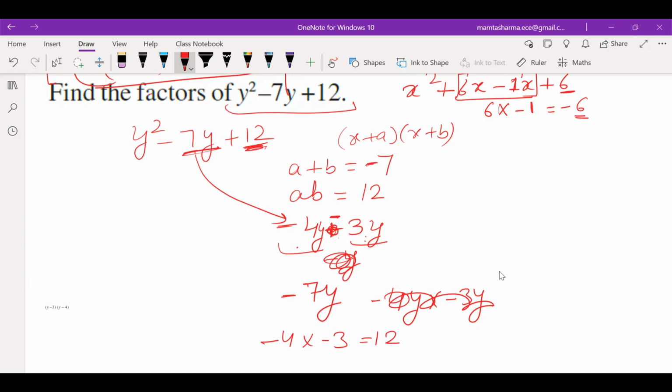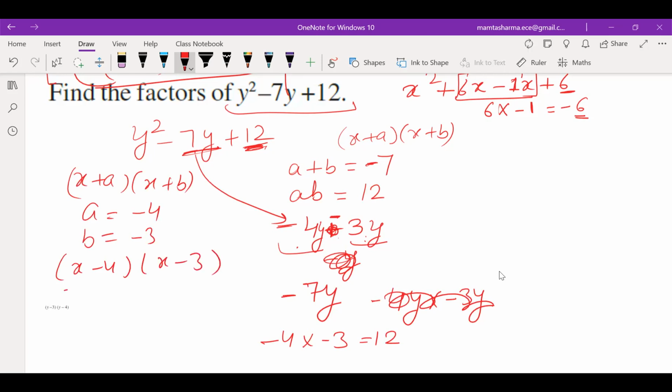So you can write this expression as x plus a, x plus b, where a is -4 and b is -3. So you can write x minus 4, x minus 3. Okay, got it?